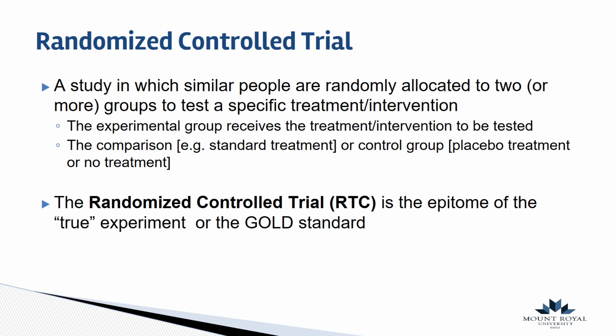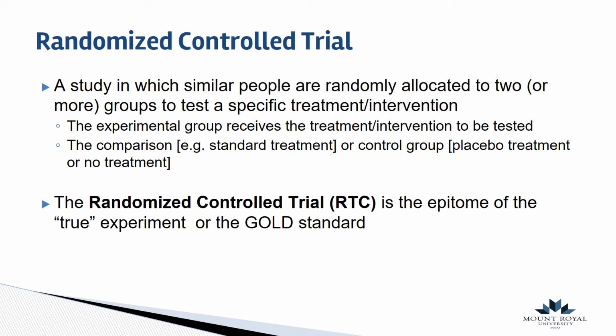So looking a little deeper at the randomized control trial, it's a study in which similar people are randomly allocated to 2 or more groups to test a specific treatment or intervention.